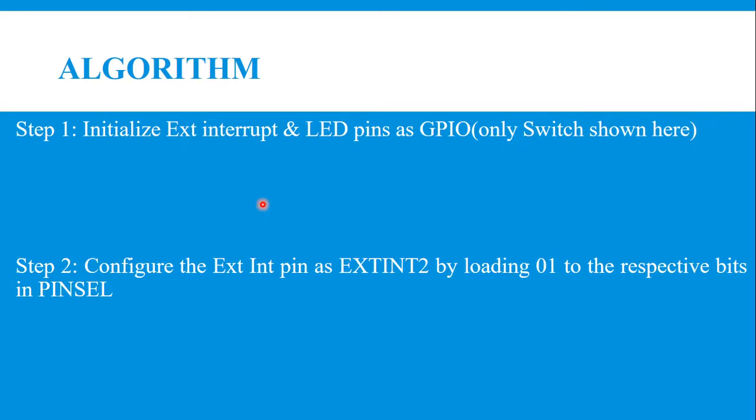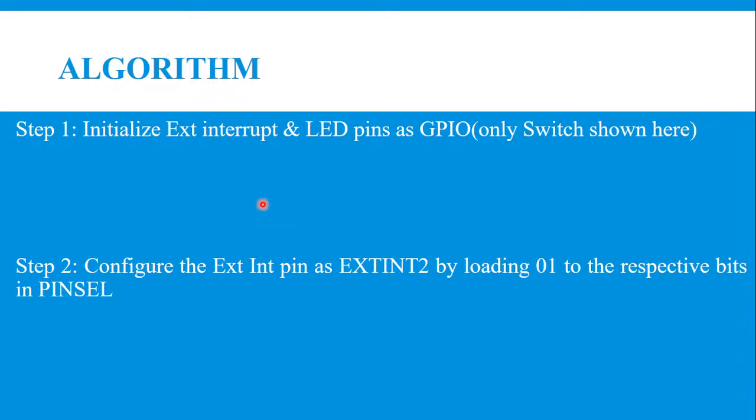That is an optional step, because the primary function that the external interrupt pin should perform is external interrupt itself, so there is no need to make it GPIO. Anyhow, as part of the program flow, you can check the status of all the pins by making them GPIO, and later move to the particular function you need.